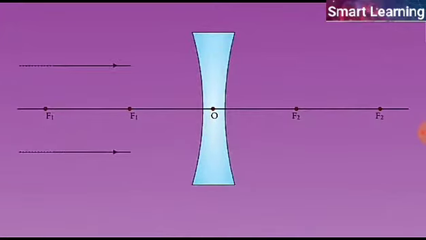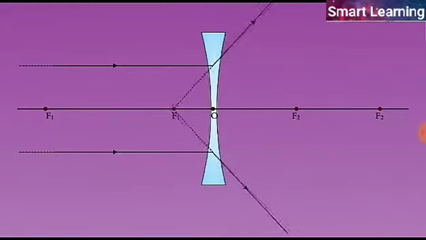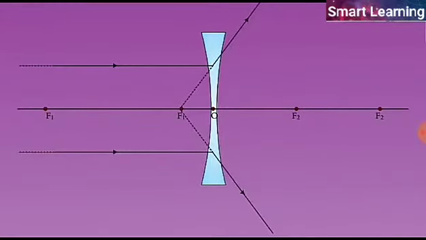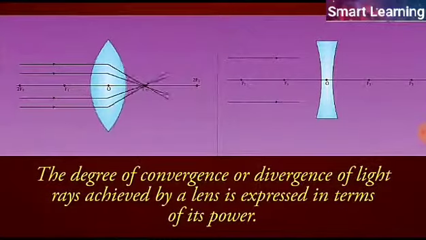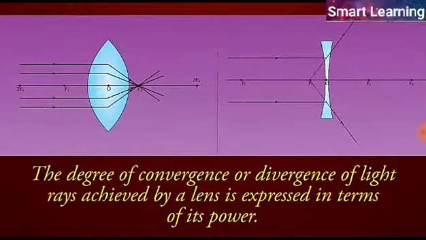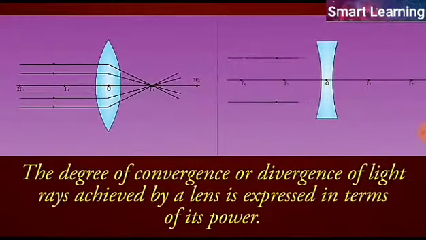Similarly, a concave lens of very short focal length causes higher divergence than the one with a longer focal length. The degree of convergence or divergence of light rays achieved by a lens is expressed in terms of its power.